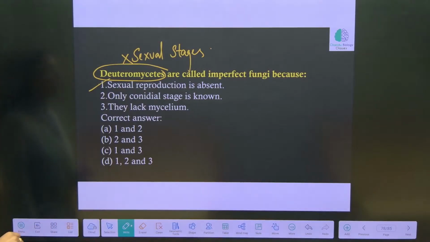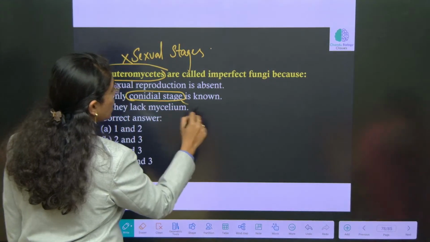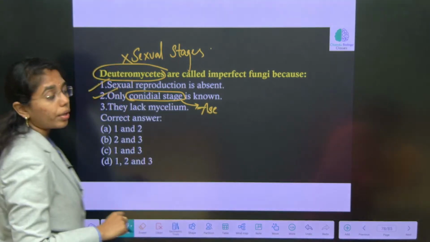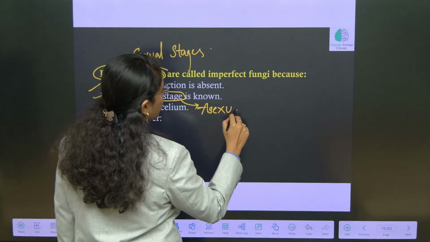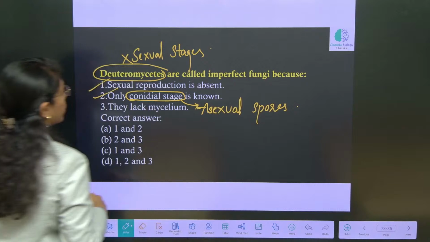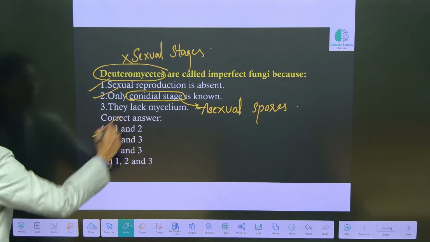Next, only conidial stage is known. True. The conidial stage, which is the asexual stage, is only known. Asexual spores are conidia here. They lack mycelium. No, they do have mycelium, which is septate mycelium. So, here 1 and 2 both are correct.